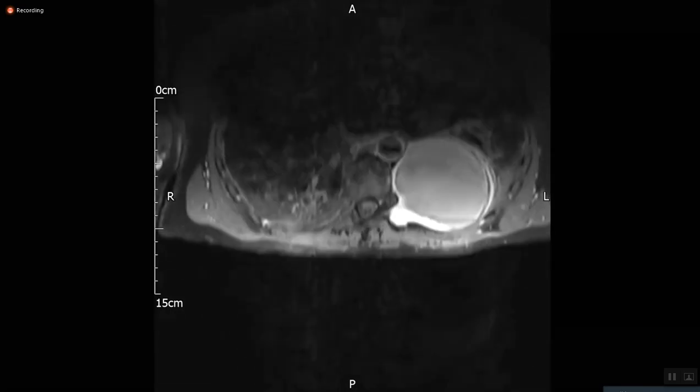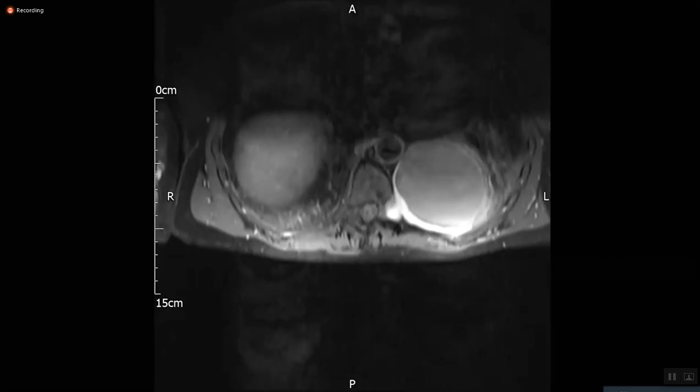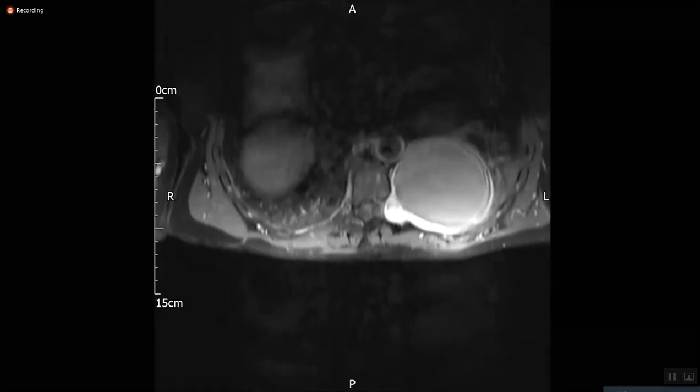Okay, what is your conclusion? So there's a large paraspinal mass which has a thick peripherally enhancing wall and is causing bony destruction, and internally contains non-enhancing fluid that is high on T1 weighted imaging. This is in an elderly or older patient who's presented with pain.